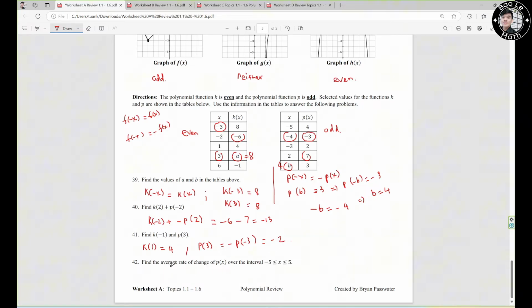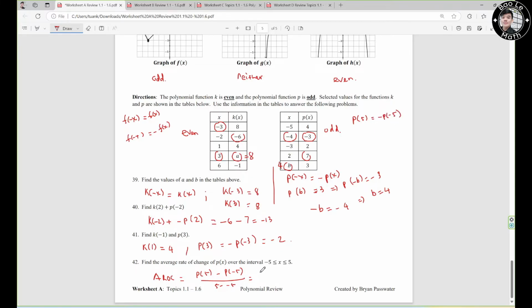And the last one, find the average rate of change of p of s over the interval negative 5 to 5, right? So the average rate of change is p of 5 minus p of negative 5 over 5 minus negative 5. Now we look at this table, we don't have p of 5, but because the function p is odd, p of 5 is the same thing as negative p of negative 5, right?